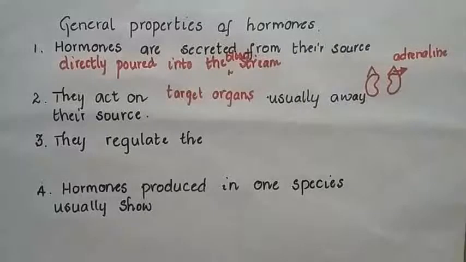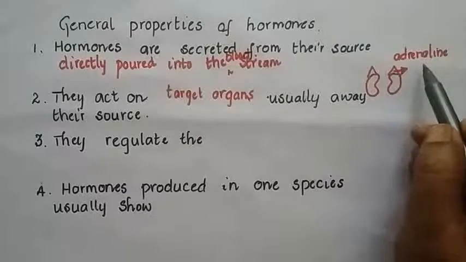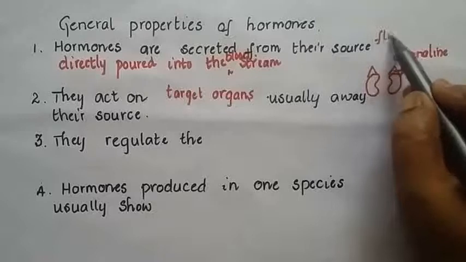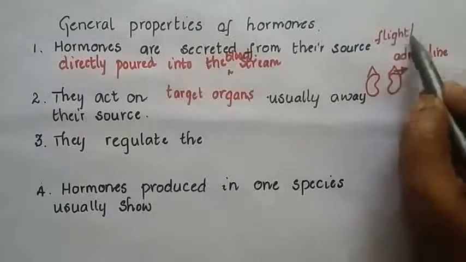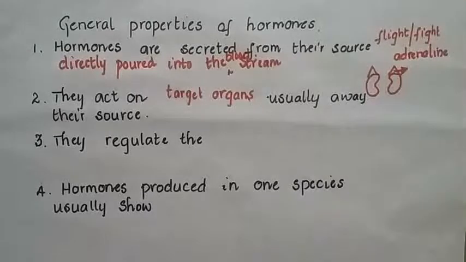Children, in case of emergency, the adrenal gland secretes adrenaline, which enables you to either flight or fight with the situation, as I have discussed in the earlier chapter, if you recall, right?